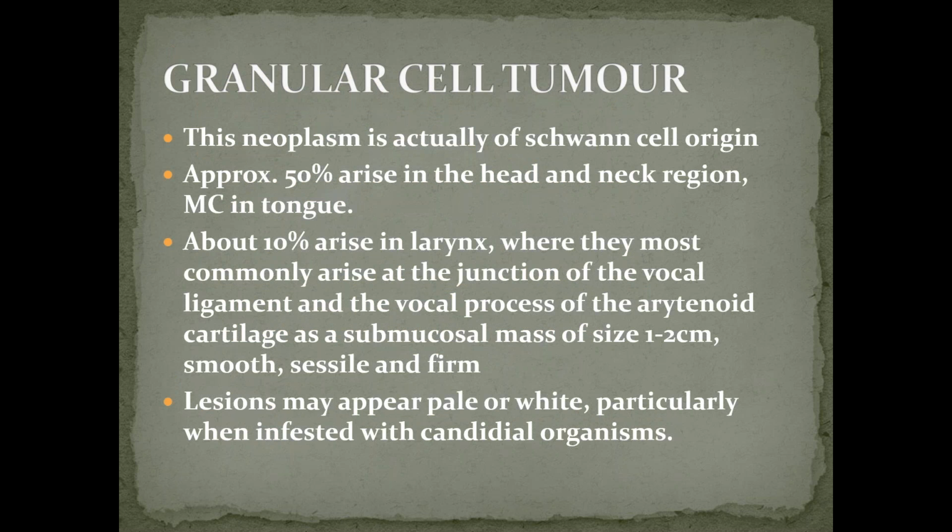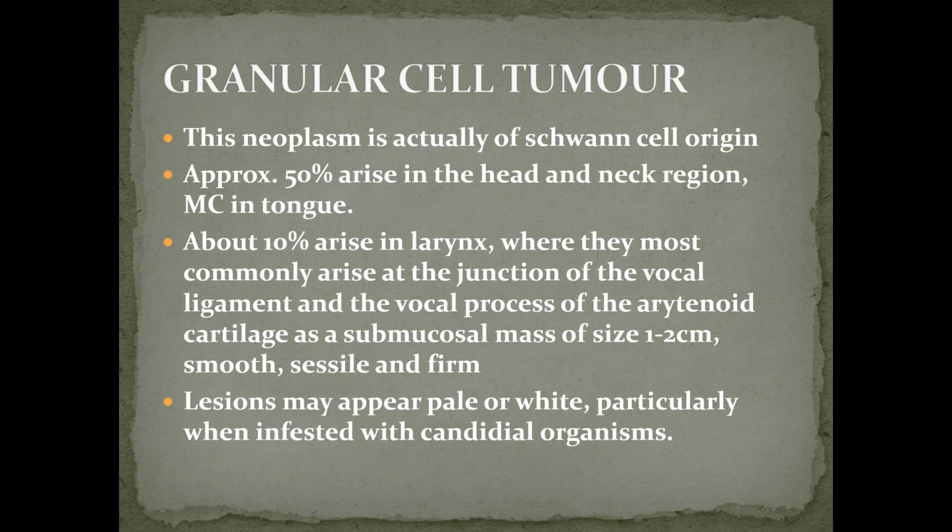The other one is the granular cell tumor. This neoplasm arises from the Schwann cells of the nervous system. Approximately 50% are seen in the head and neck region, and the most common site is the tongue.